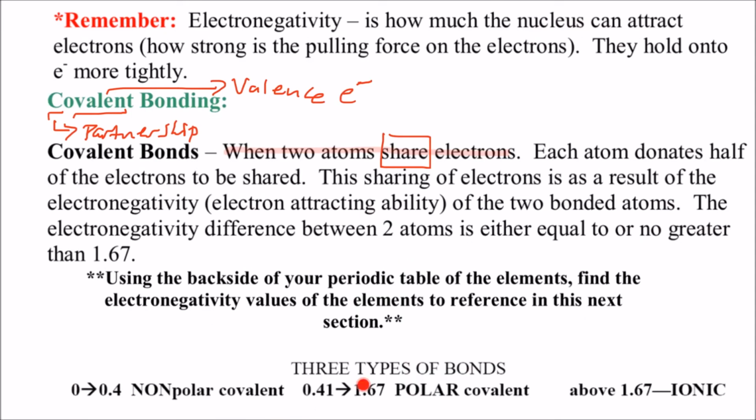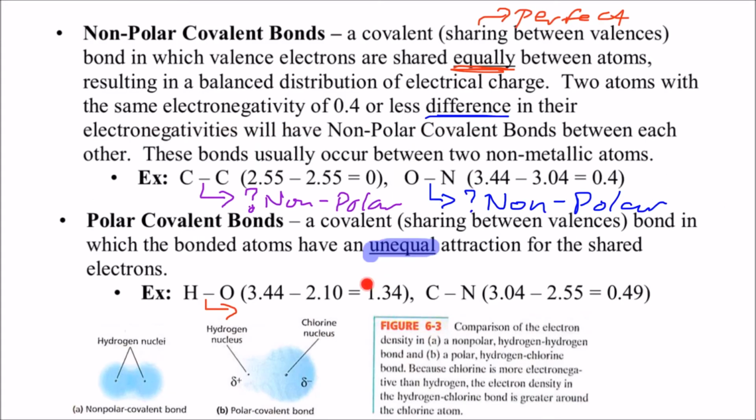If we look at our range here, anything from 0.41 to 1.67 is a polar covalent bond. So this falls within that range. We must have a polar covalent bond right here. Another note on this: just because hydrogen was first in this little pair up here, it was not the first number. You always do the big number minus the little number.